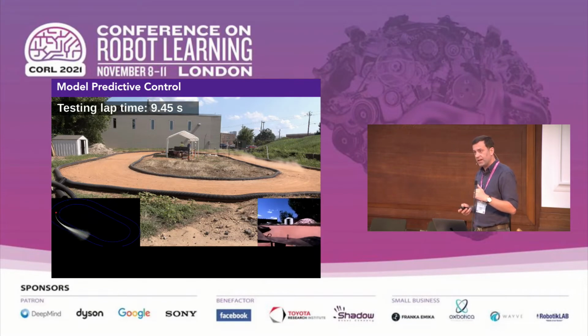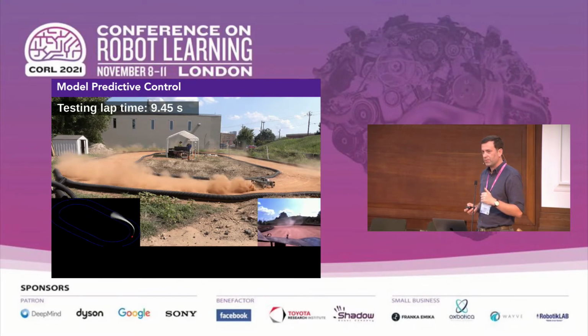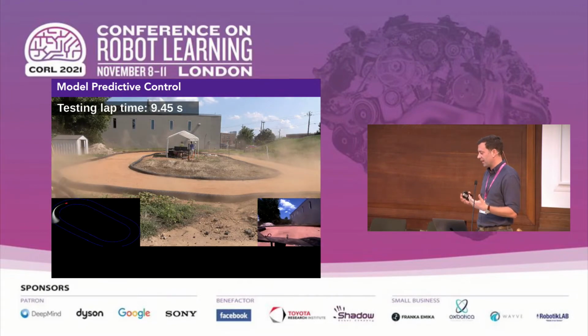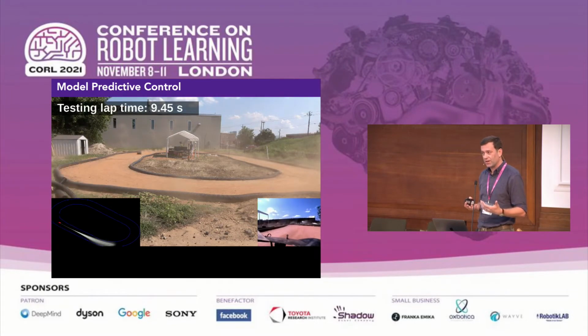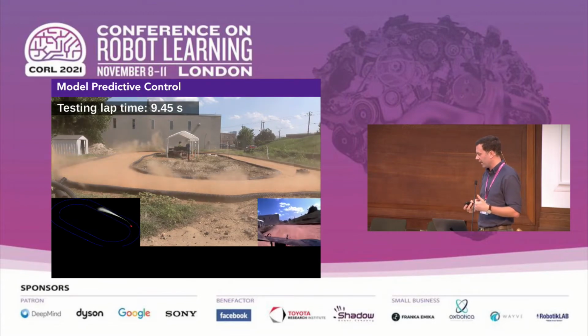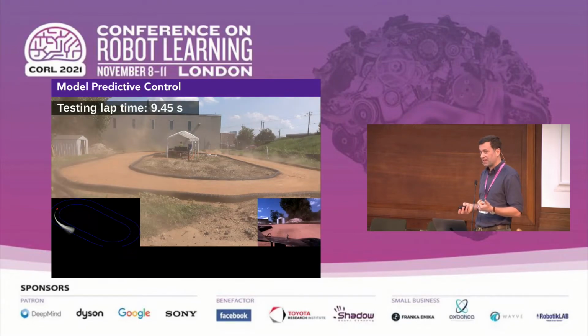Here you can see at test time, the result of this is a really effective dynamics model, which combined with MPC actually allows us to drive the car faster than the human could initially pilot it around the track. It's achieving a lap time of about a second faster, which is 10%, which is pretty significant.